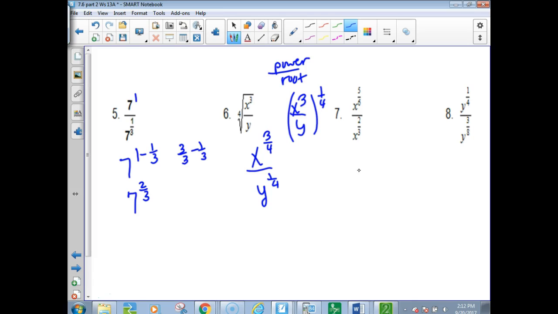For the next one, we're going to have our bases, subtract the exponents. 5/6 minus 2/3. I need a common denominator. So I'm going to multiply 3 by 2 to get a 6 on the bottom, so I have to do that to the top. So that would give me x to the 5/6 minus 4/6, which I get x to the 1/6.